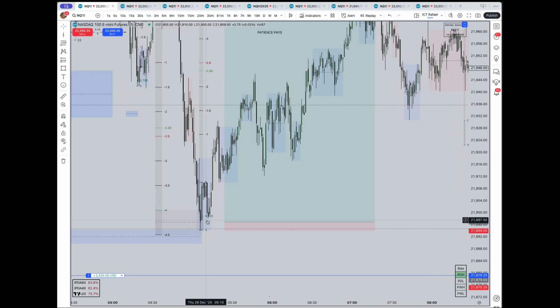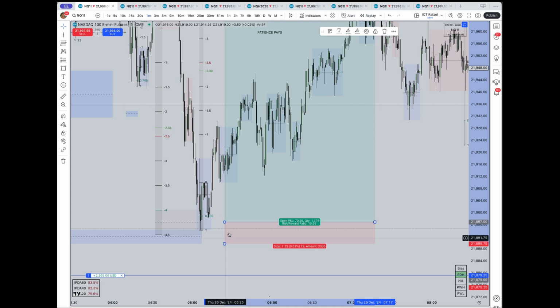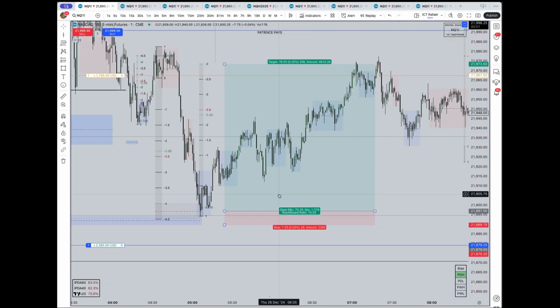Today was very sharp, 3 points, but let's say it was a 7-point stop loss. If price trades up 20, 30 points, that's a base hit for London, 30 points with a 7-point stop loss, that will be like 5 to 1.